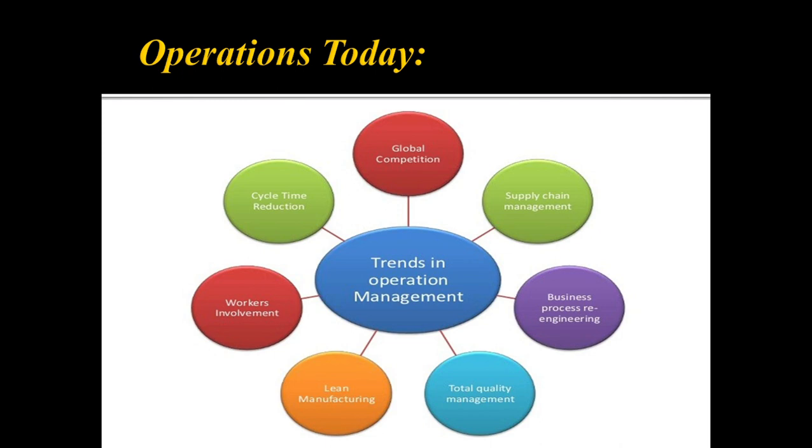Then is BPR, which expands to business process re-engineering. It is also a point of concern in today's time for operations management. There is TQM, a very important part for any of the business activities.